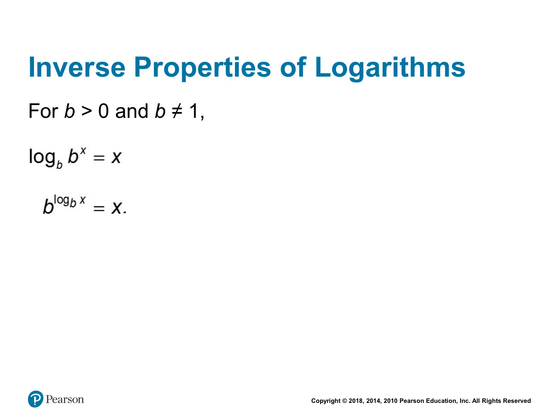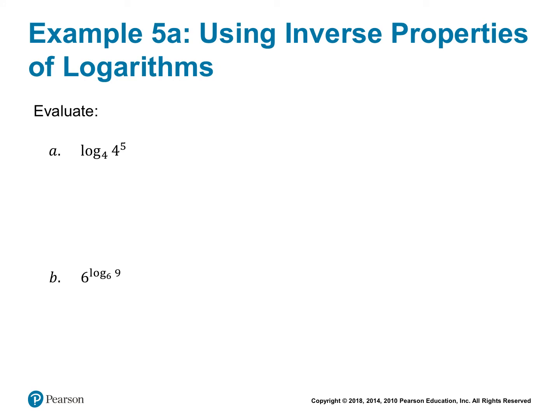Okay, now let's talk about the inverse properties of logs. So when b is greater than 0 and b does not equal the number 1, we have these two properties. So you can see the base and the exponents kind of switch spots. Okay, so let's go ahead and solve these two.